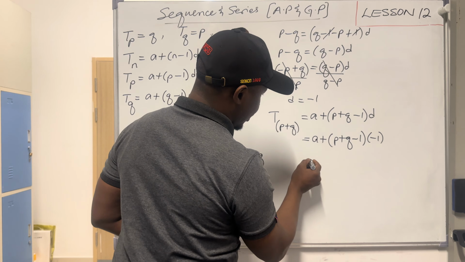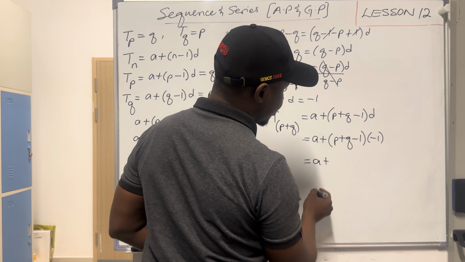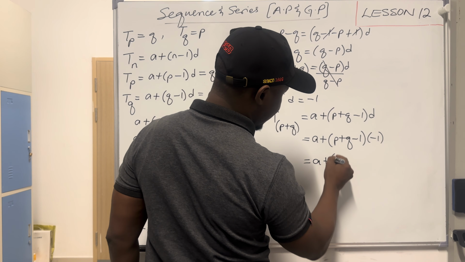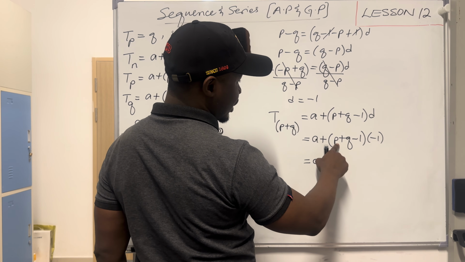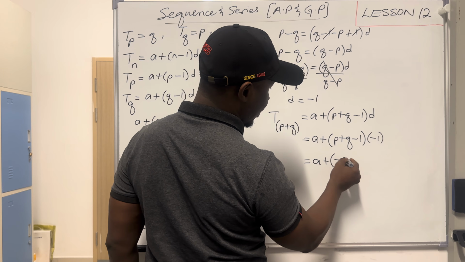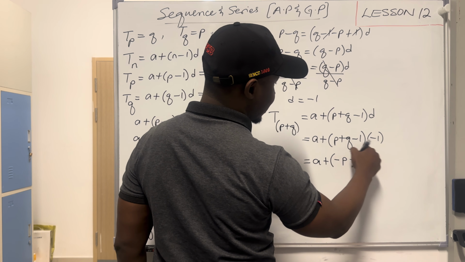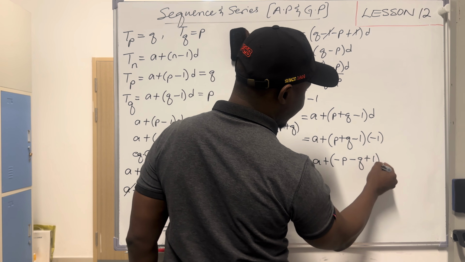Okay, so this is A plus, this minus 1 is now affecting this to become minus P. This minus 1 affects this to become minus Q. It affects this to become plus 1.